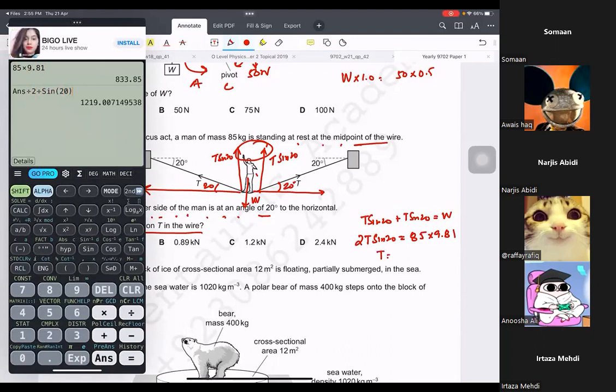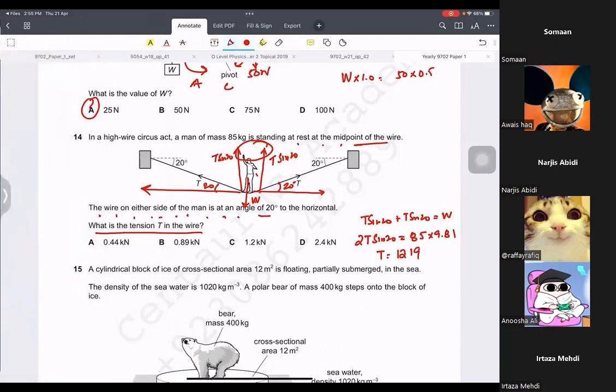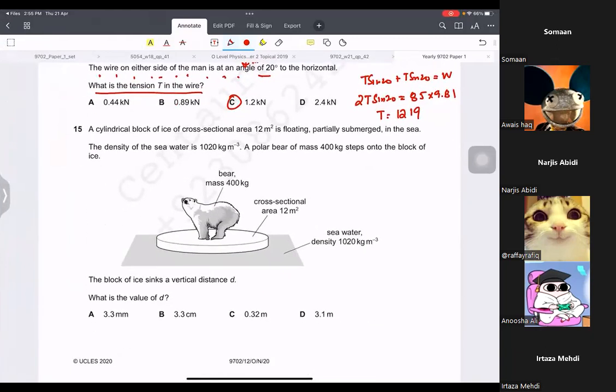This is 1219. 1219 has to be this one then, I think. Okay, so this is pretty simple, and then go forward.